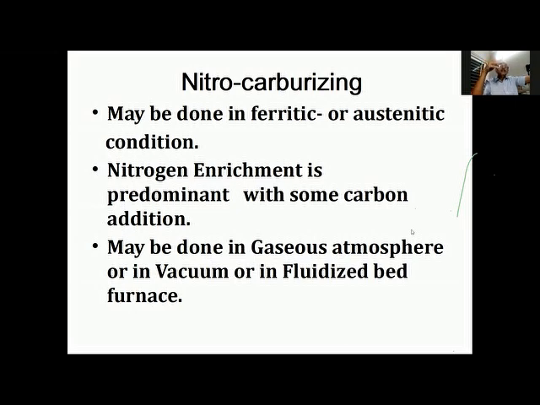The purpose here is different. You can get a few micron layer which is nitrided, a small layer of the nitride or white layer, followed by a diffusion layer which can be 0.2 or so.